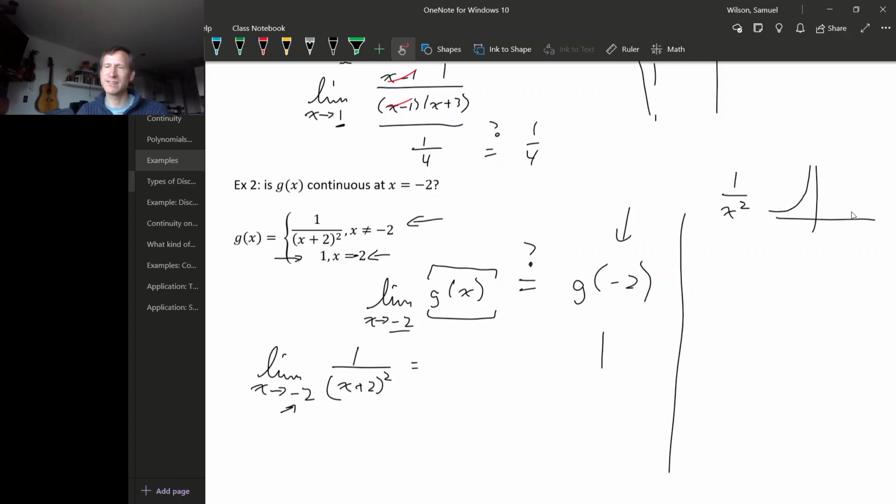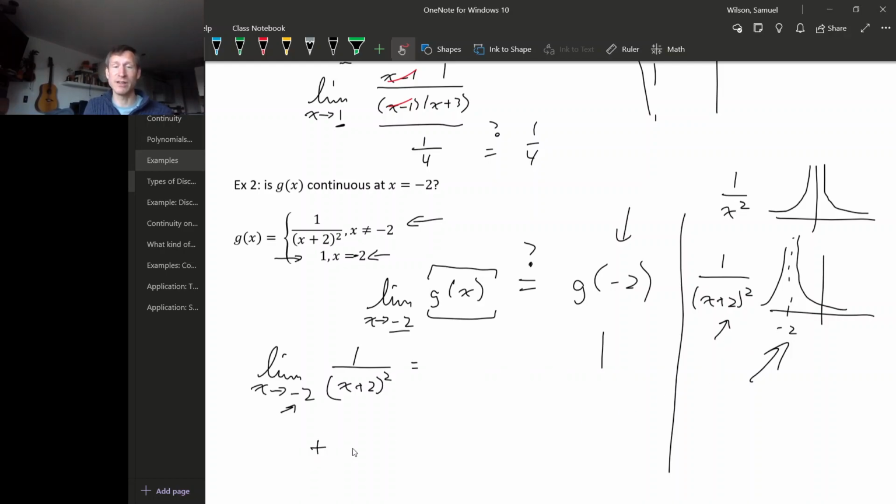It looks like this. And so 1 over x plus 2 squared looks the same, except it's been shifted to the left 2. So it has this vertical asymptote at minus 2, like this. Well, looking at this extremely quick sketch of the graph of 1 over x plus 2 squared, you can see that the limit at minus 2 is plus infinity.